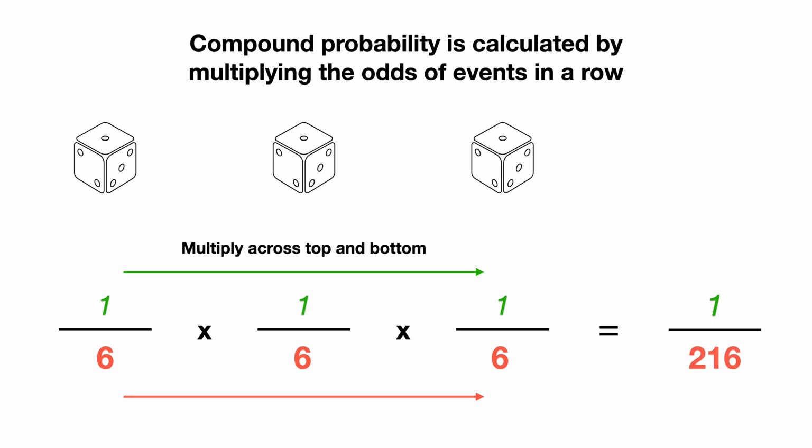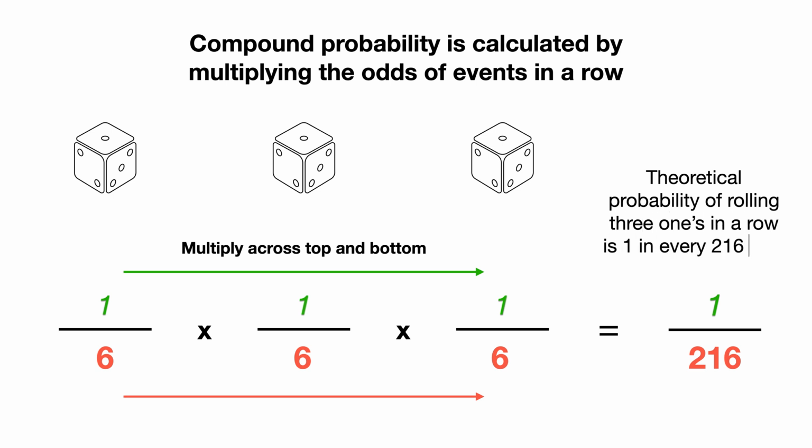So we have 1 over 216, and what that means is the theoretical probability of rolling 3 ones in a row is 1 in every 216 rolls. That means you'd have to roll 216 times before you'd see 3 ones in a row. Again, that's theoretical probability. It will come up at random times. Sometimes it will come up more or less than that. But that is the theoretical probability of 3 ones in a row.